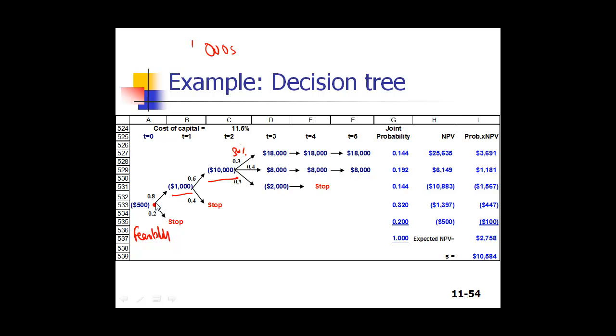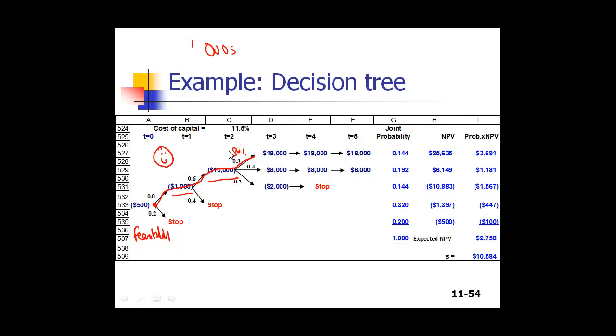So is this one possible? Let's take the very happy scenario first. Okay, this is your happy scenario, right? In your happy scenario, what is the probability of the happy scenario? It is from your statistics classes. This is an and. So what do you do with ands in probability? You multiply.